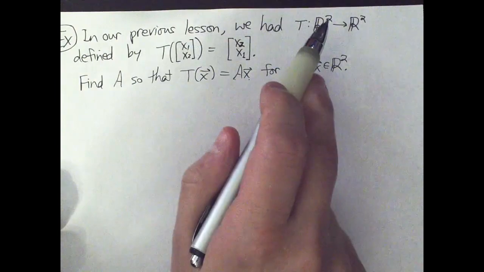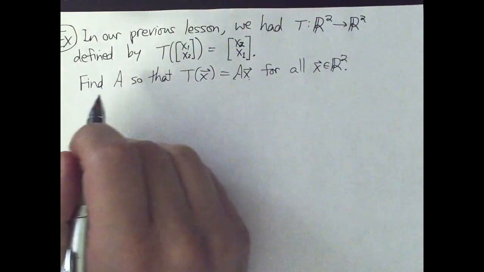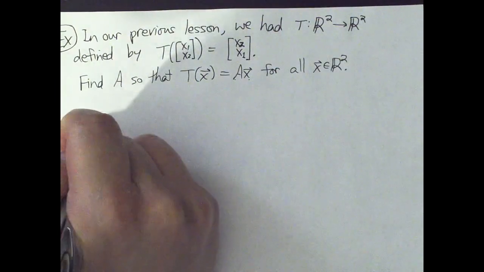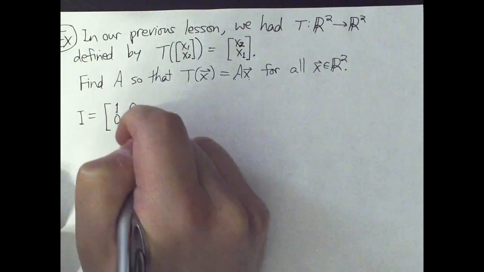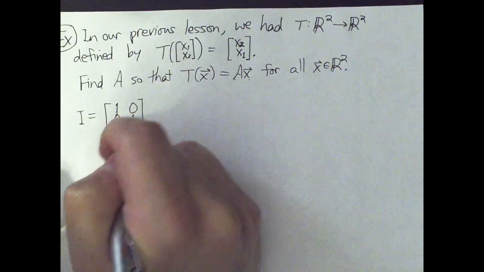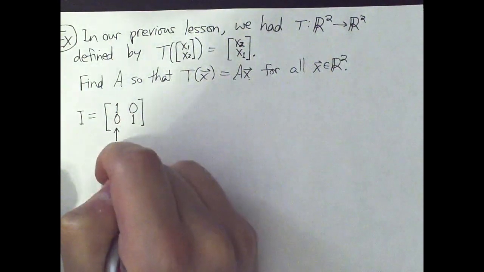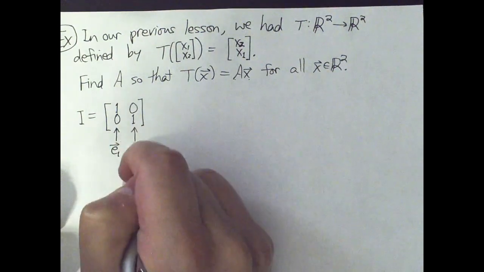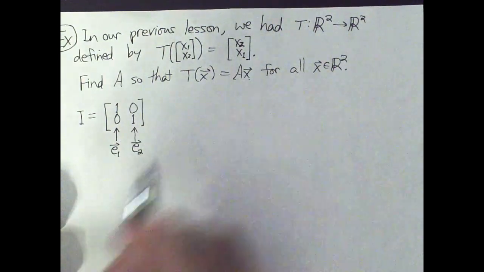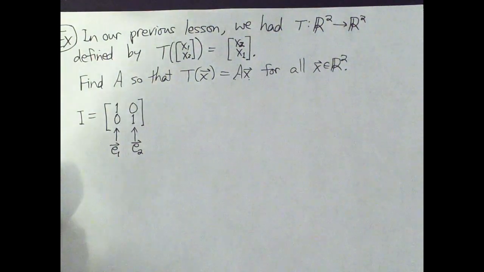Because we're going from R2 to R2, the identity matrix that we're working with is the 2 by 2 identity matrix. The first column of it is going to be called e1, and the second column is going to be called e2. Those are column vectors.